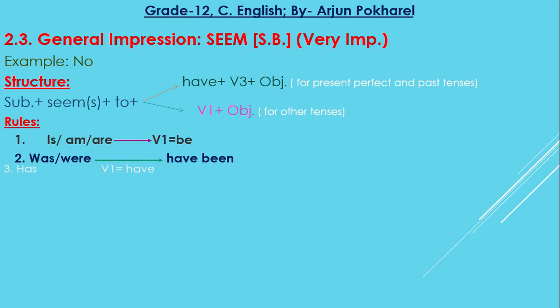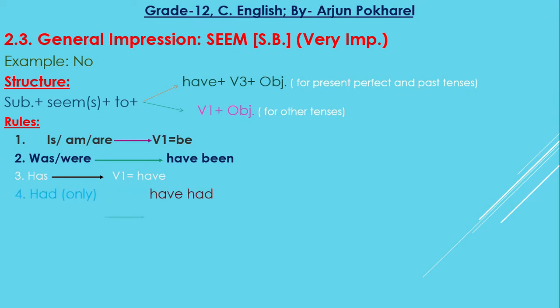The third one is if there is has in the question after the subject: subject plus has, and you have to change that has into have as p1. P1 of has is have.